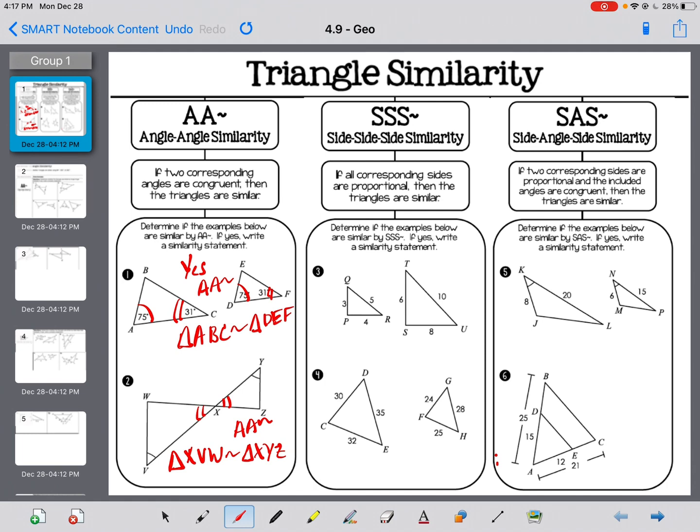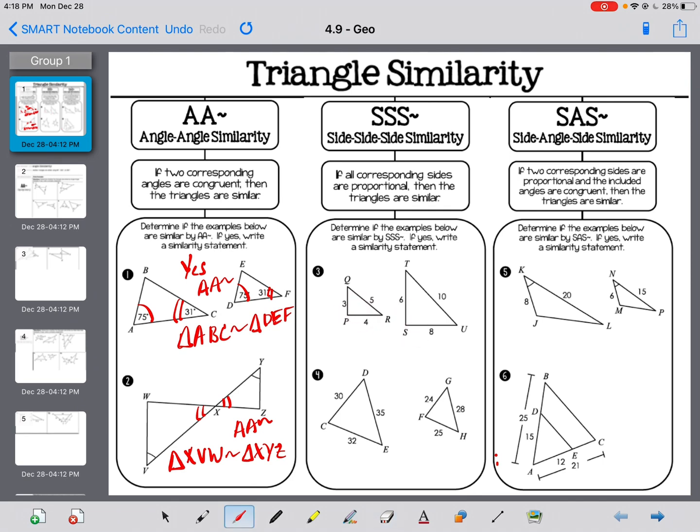Side. If all corresponding sides are proportional, then the triangles are similar. So not that the sides are the same, but that they've increased or decreased by the same scale factor. So we'd have to determine if they all have the same scale factor. If we do PQ and TS, those look like they're going to be the same angles.